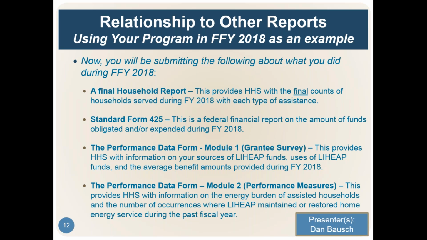And then you're asked to submit the performance data form. And in Module 1, you're telling HHS about your sources of funds, your uses of LIHEAP funds, average benefit amounts provided. And then in Module 2, you're providing information about the energy burden of assisted households during 2018 and the number of occurrences where LIHEAP maintained or restored home energy service.